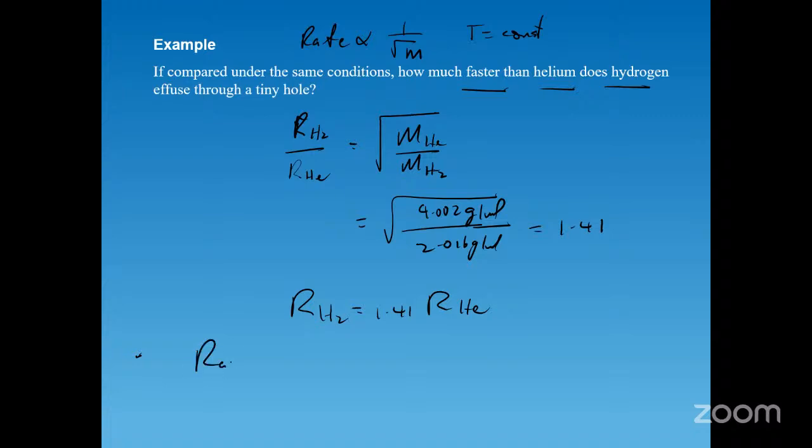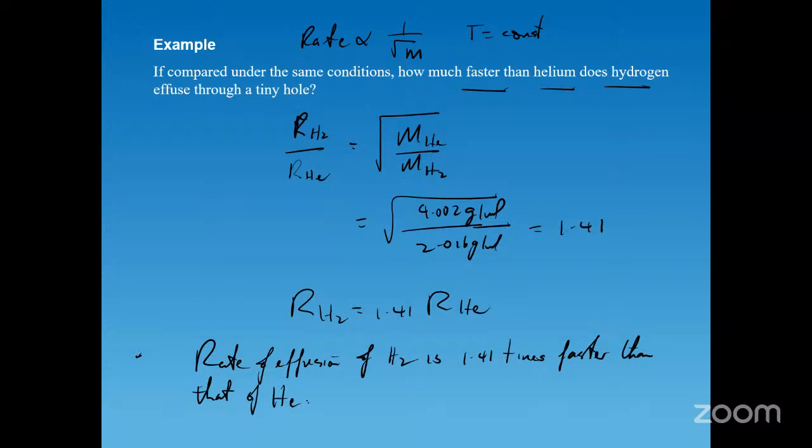Rate of effusion of hydrogen is 1.41 times faster than that of helium. Right, so that's how you do that.